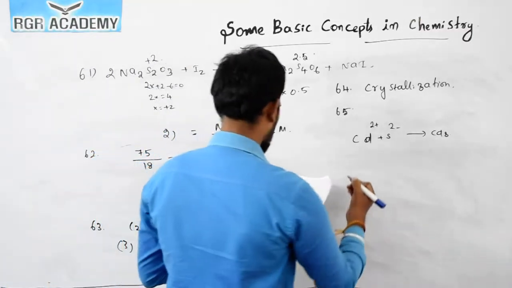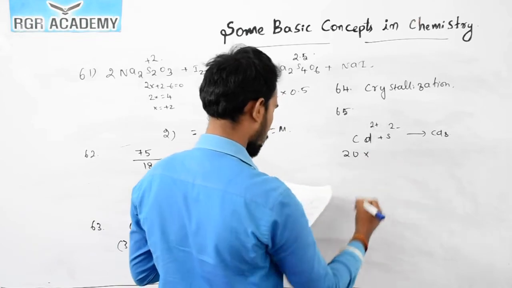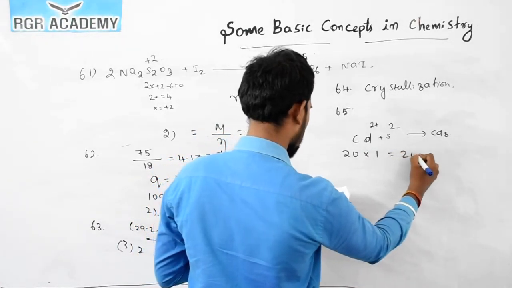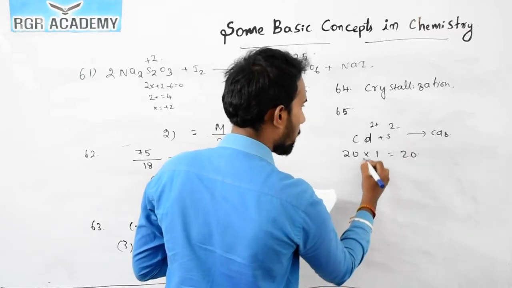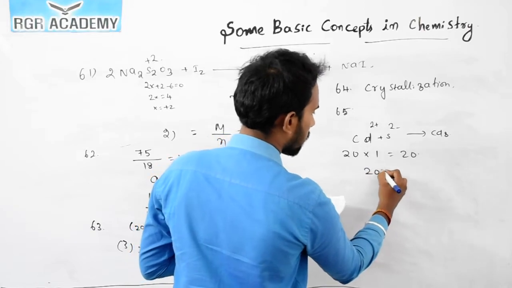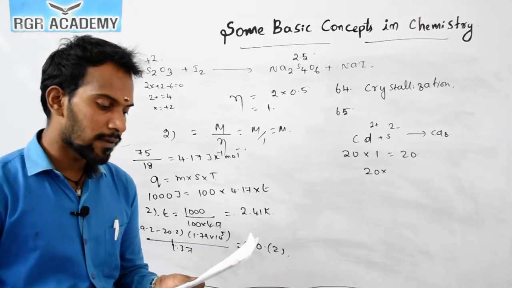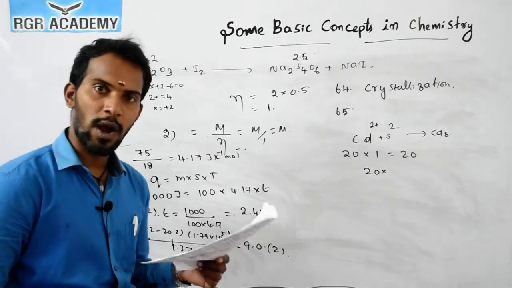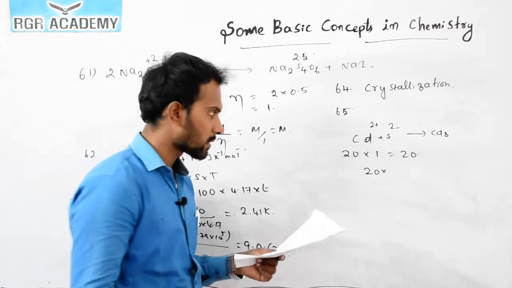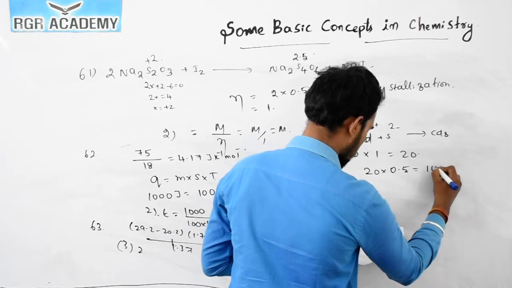Now, so 20 ml, right? So 20 ml reacts with 1 mole of cadmium sulfate, but copper 2 plus, cadmium 2 plus reacts with S2 minus. The concentration of this sulfide, the copper sulfate, is 0.5 molar, so we can take it as 10.